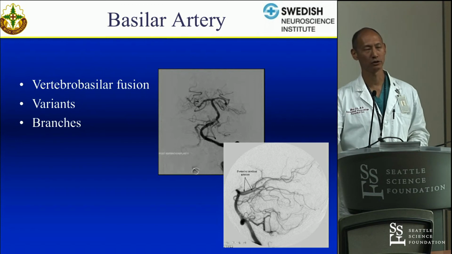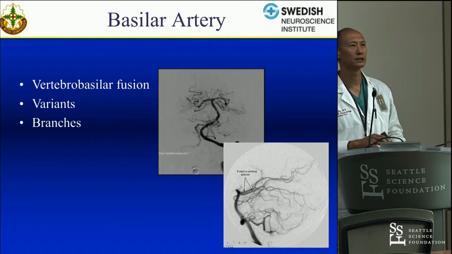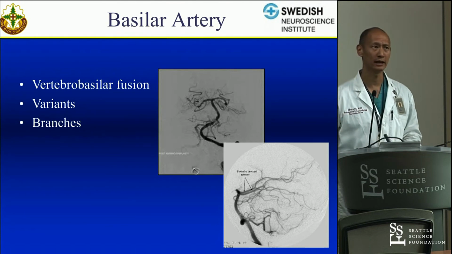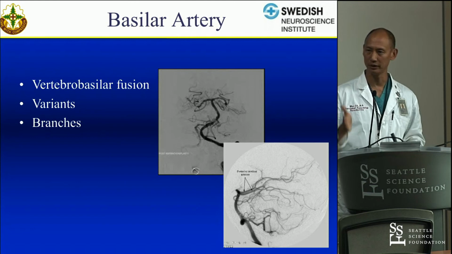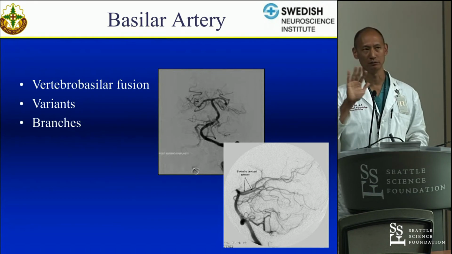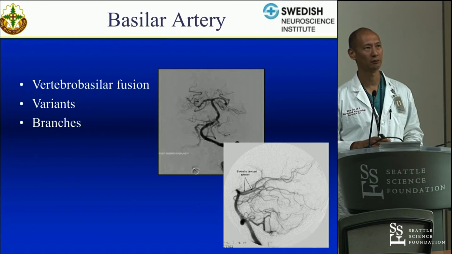If the PICA territory comes from the AICA, we term that an AICA-PICA complex. The other thing to keep in mind is that an ipsilateral PICA can supply both hemispheres. There's a lot of splitting of hemispheres in vascular supply, but for some reason the PICA can actually supply bihemispheric territory.